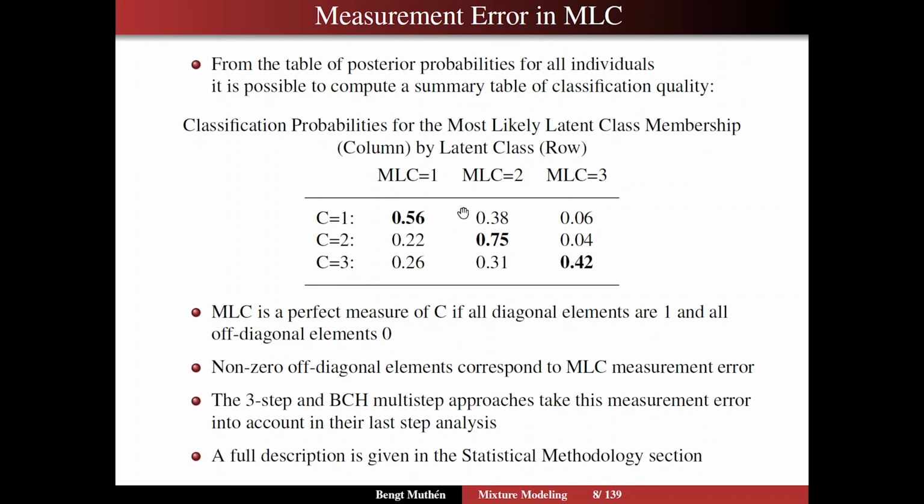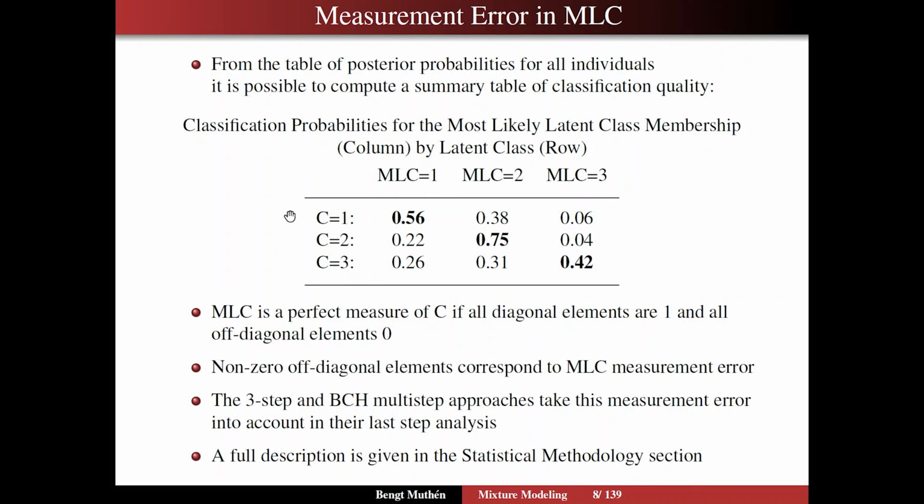In this table, the rows correspond to the latent classes of the latent class variable C, and the columns correspond to the observed most likely class variable. Both of these are nominal variables, that is, unordered categorical variables. But C, representing the rows, corresponds to the true status of a person, and the columns correspond to the observed counterpart, which may be measured with error.